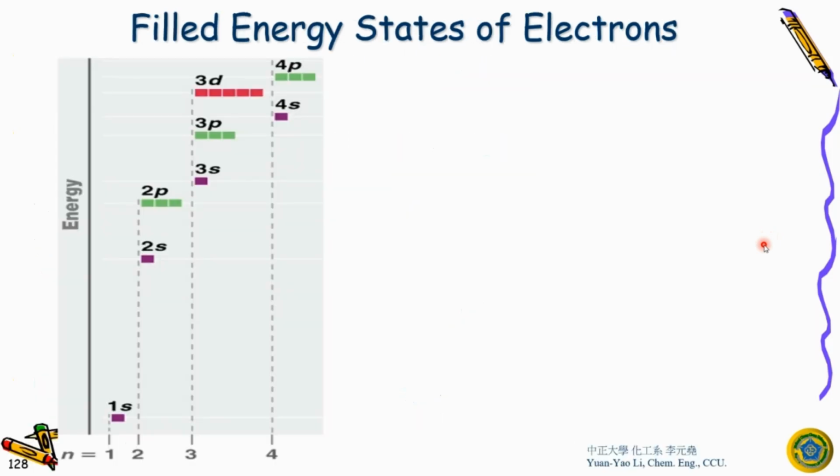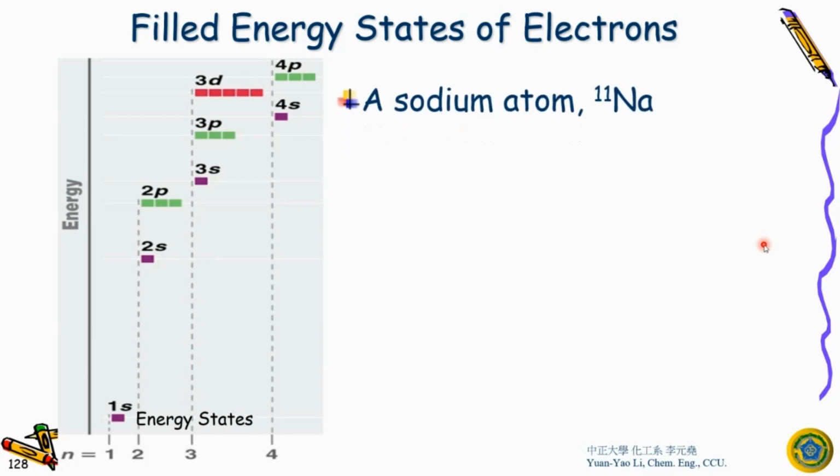Right. So this is the filling of energy states with electrons. Let's make an example, which is sodium. A sodium atom has 11 electrons, so we fill in here first. We write 1s2, 2s2, 2p6, and 3s1.